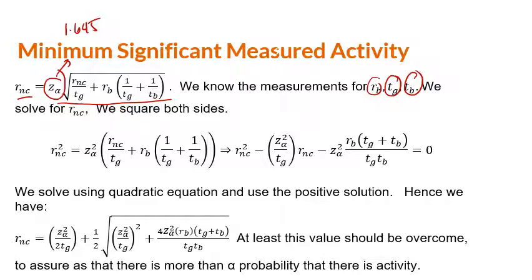So we now have R squared NC equals Z alpha squared times RNC over TG plus RB times 1 over TG plus 1 over TB. So this can be transformed into a quadratic equation. So ito, ang A natin equals 1. Ito yung value natin ng B, negative Z alpha squared over TG.